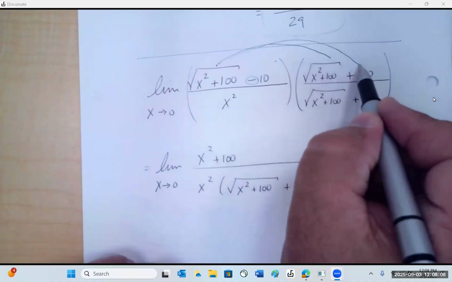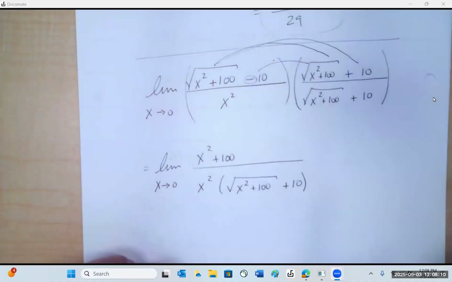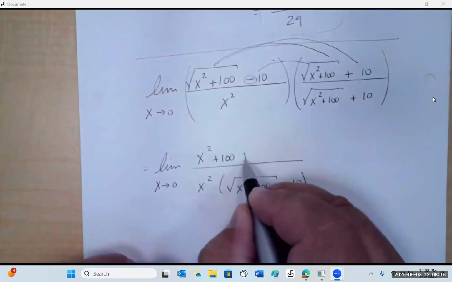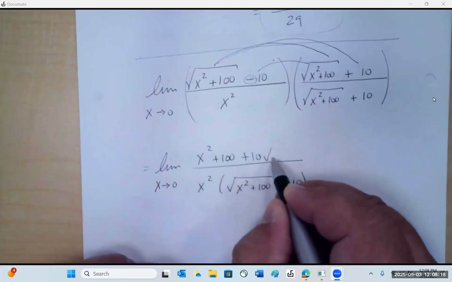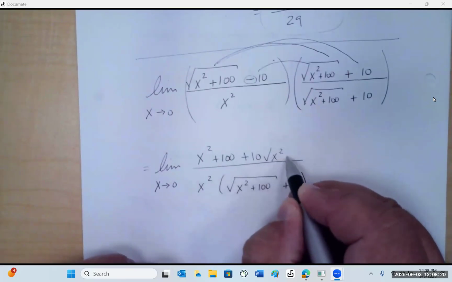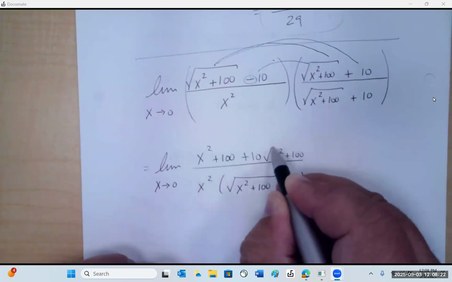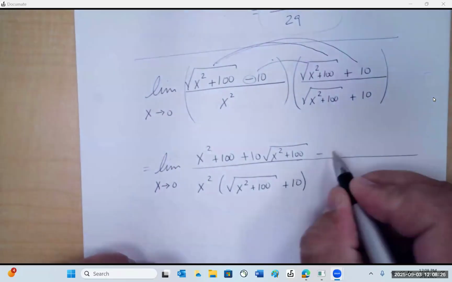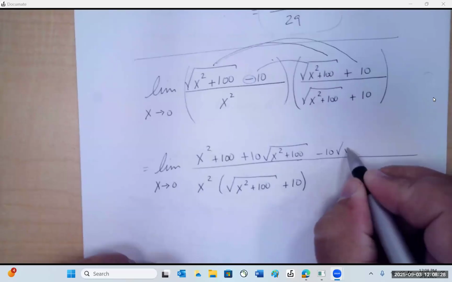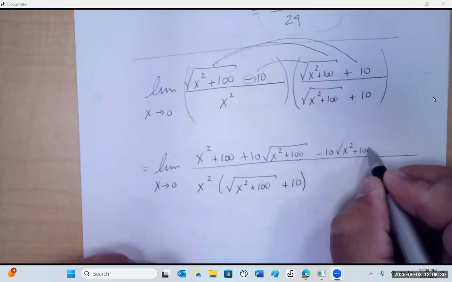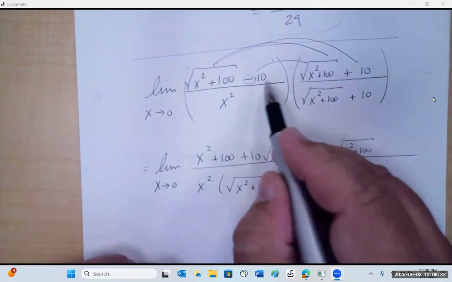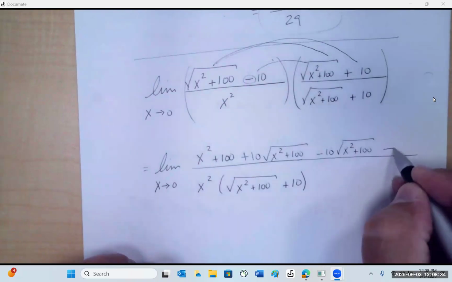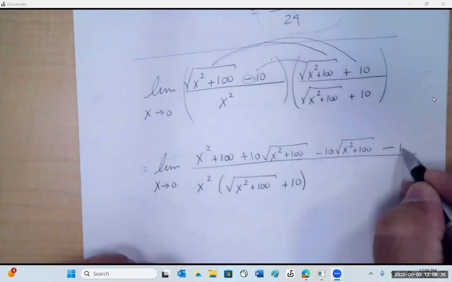This positive 10, this negative 10, they cancel. So we have plus 10 radical x squared plus 100 minus 10 radical x squared plus 100. Negative times positive is negative. 10 times 10 is 100.